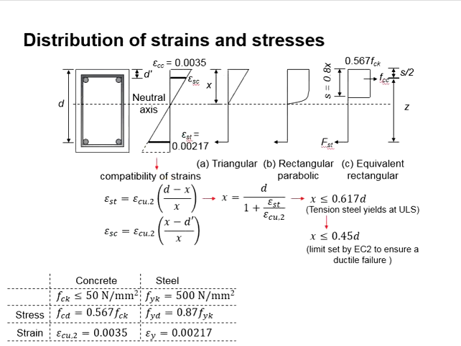Bear in mind that the maximum amount of reinforcement is worked out on the basis of the conservative value of 0.45d. Let's say even though you are using 0.5d, as long as it is less than 0.617d, you will still expect the members to fail in a ductile manner. This is the conservative measure of the Eurocode.